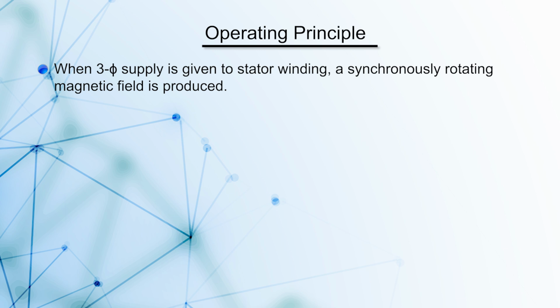But a single-phase supply given to a single-phase winding will not give you a rotating magnetic field. Anyway, in our machine we are having a three-phase winding and we are giving the three-phase supply, so we are going to get a rotating magnetic field. The speed of this rotation will be linked with the frequency of the supply. We already know Ns is equal to 120 F over P. P is the number of poles.